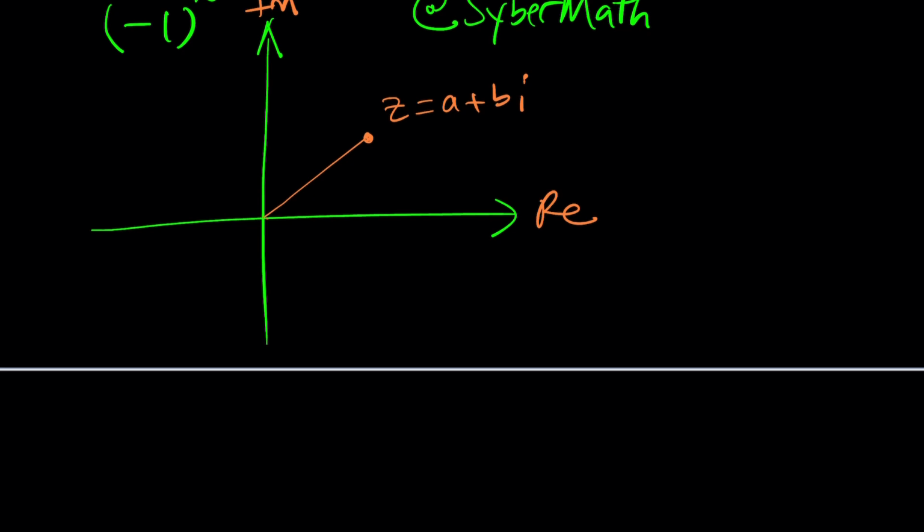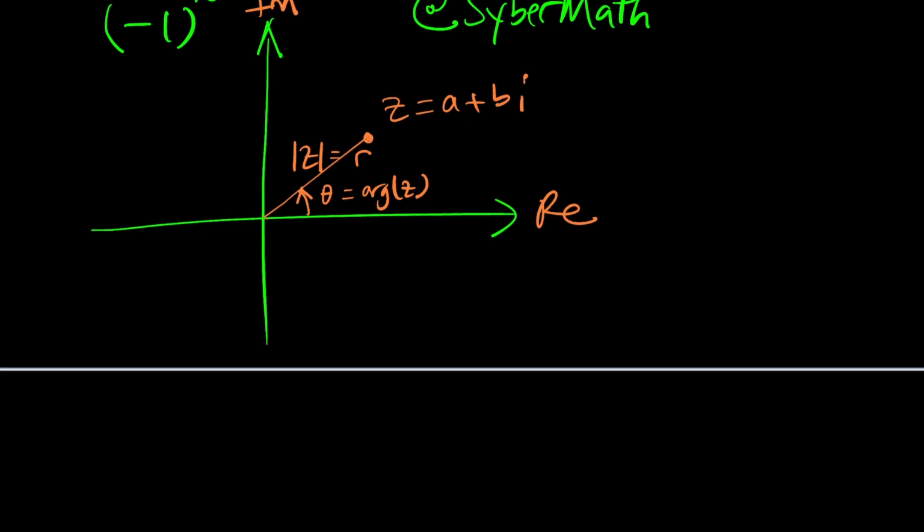The length of that line segment, which is considered the distance from 0, is called the absolute value of this complex number, usually denoted by the absolute value of z, but r is also very common. It's also called modulus. There's another thing you need to know. The angle that this vector or segment makes with the x-axis or the real axis is called theta, and theta is called the argument of our number z.